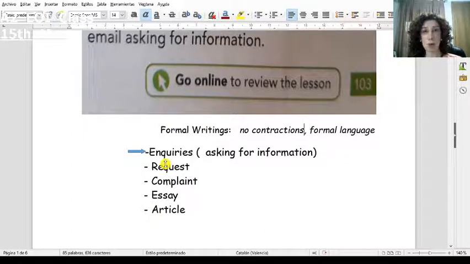That's why today we are going to deal with writing enquiries, asking for information.